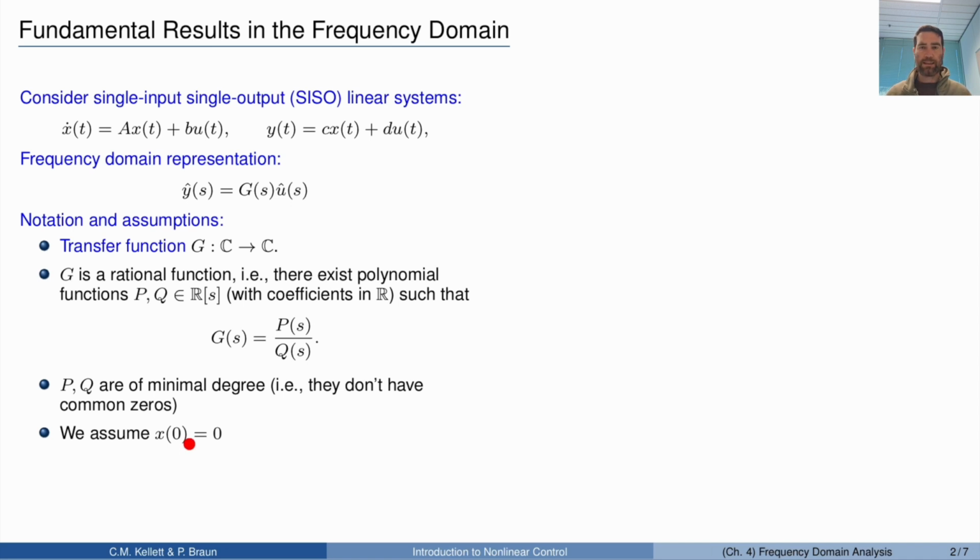What is usually done when considering systems in the frequency domain is to assume that the initial condition is equal to 0. So we will focus here on x of 0 being equal to 0.